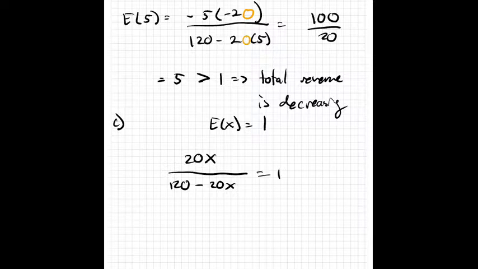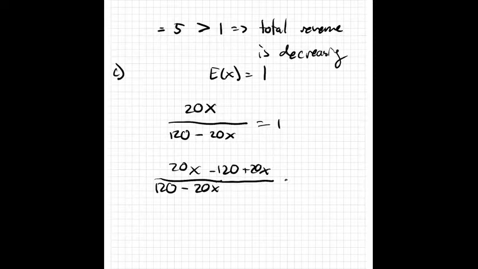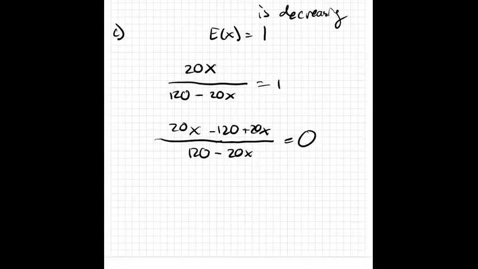So I like the setting to 0 technique: 20x over 120 minus 20x, minus 1, so it's going to be minus 120 plus 20x, equal to 0. And again, a fraction is only going to be 0 when the numerator is 0. So we're going to ignore the denominator for right now. What is that? 40x. So 40x minus 120 equals 0. X equals 3.